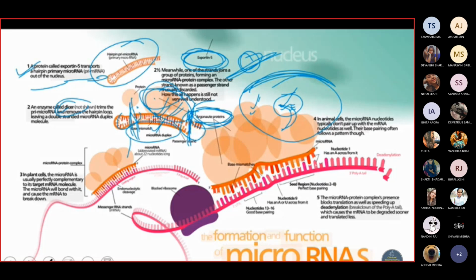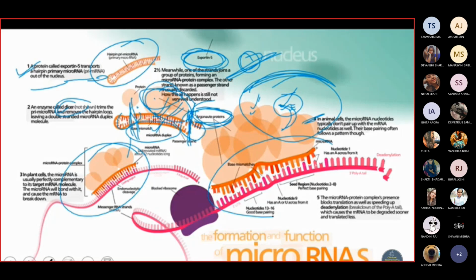Similar to siRNA. But how they recognize the passenger strand and leave the guide strand, that process is not very clear. Then the guide strand combines with the main messenger RNA present in the cytoplasm, whether in a plant cell or an animal cell, and ultimately digests it, degrades it.